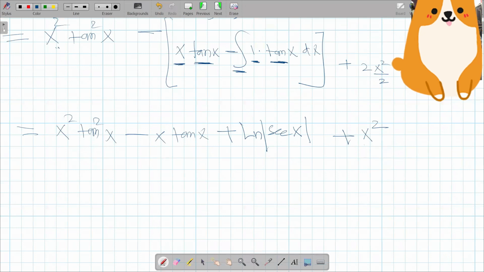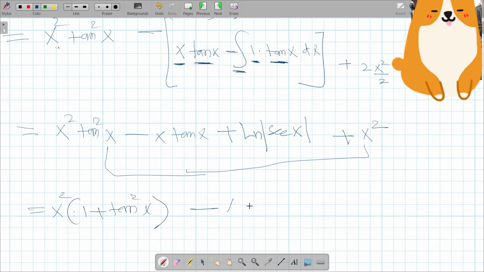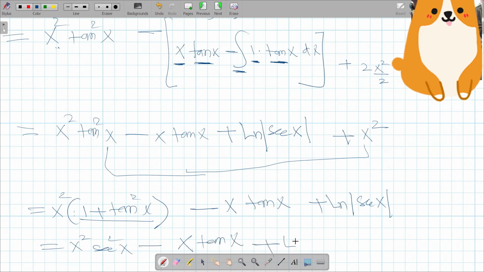So you can combine this first term with the last term and take x squared common, and left will be 1 plus tan squared x, minus x tan x plus log of sec x. And you can further simplify it: 1 plus tan squared is sec squared, minus x tan x plus log of sec x plus c. That's it.